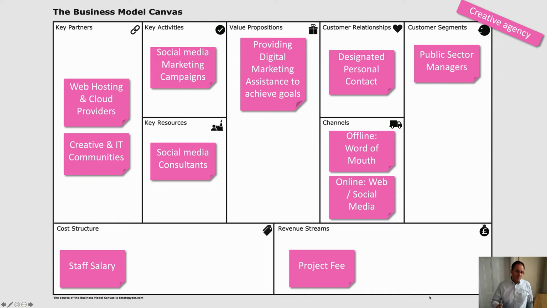based mostly on people, staff salary. To start with, it was the founder plus. As business grew, staff salary included contractors, so bringing in others who could deliver the value proposition, deliver the services to customers, plus the IT infrastructure that's absolutely crucial.